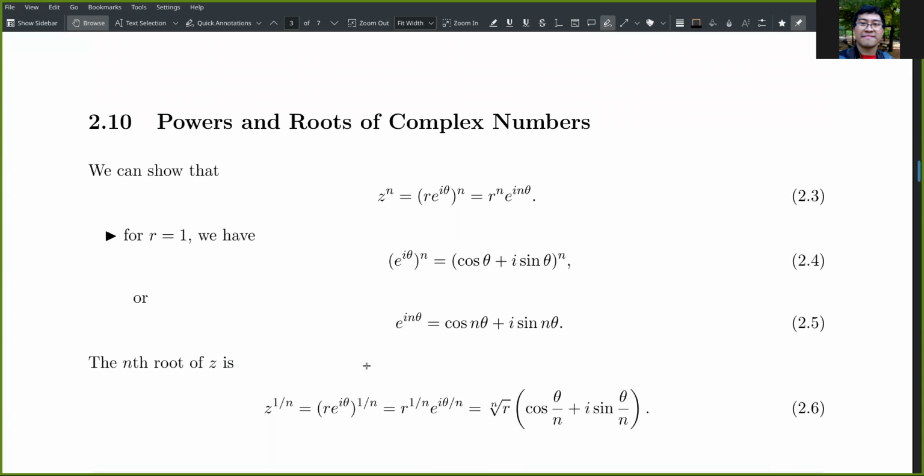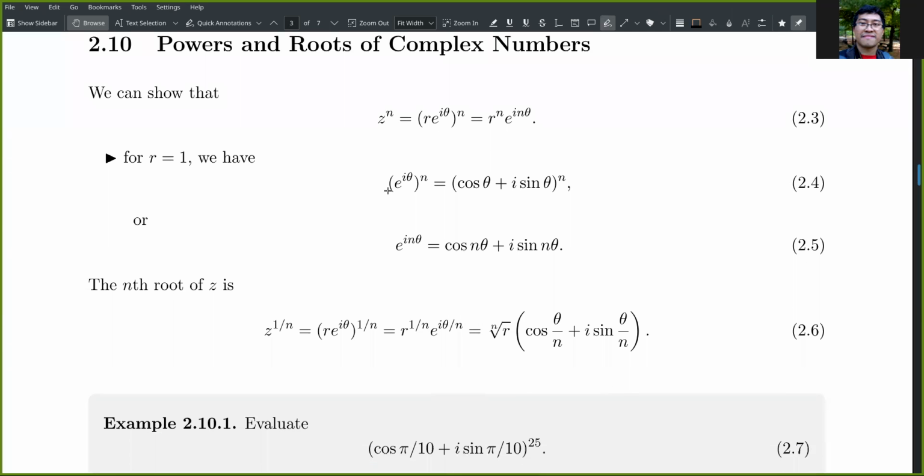So next part, we raise the complex number to the power n. If you write in terms of magnitude and theta, you have the power of n. You can write that as r^n times e to the power of i n theta.